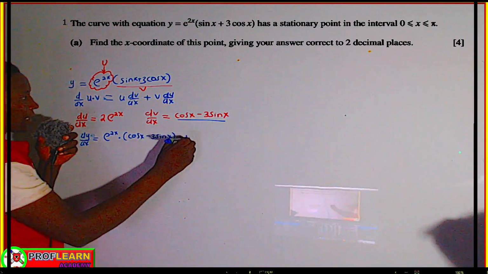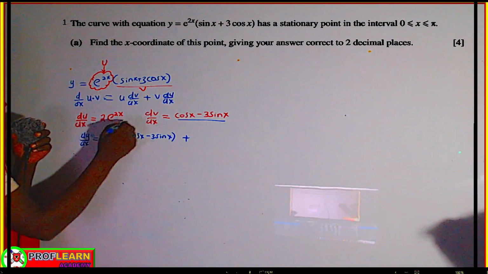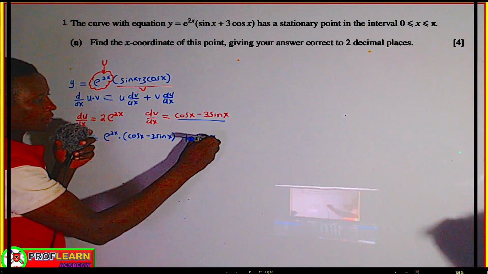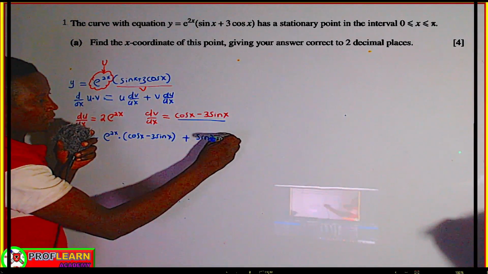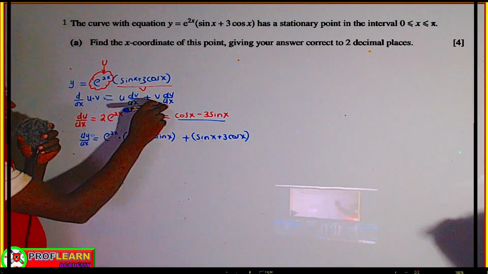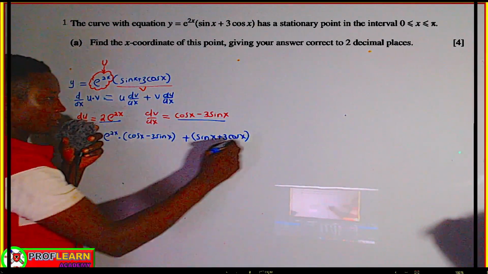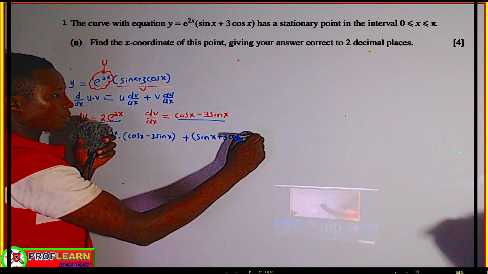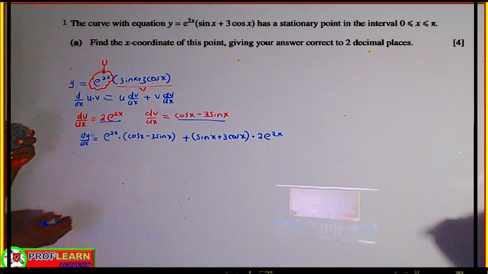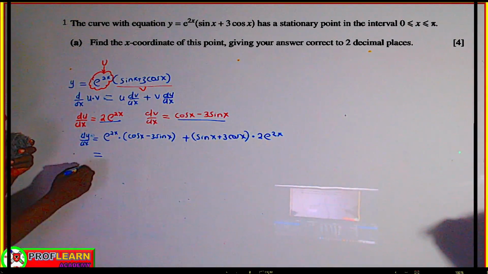Then we add, according to the product rule, v, which is sin x plus 3 cos x, times du/dx, which is 2e to 2x.